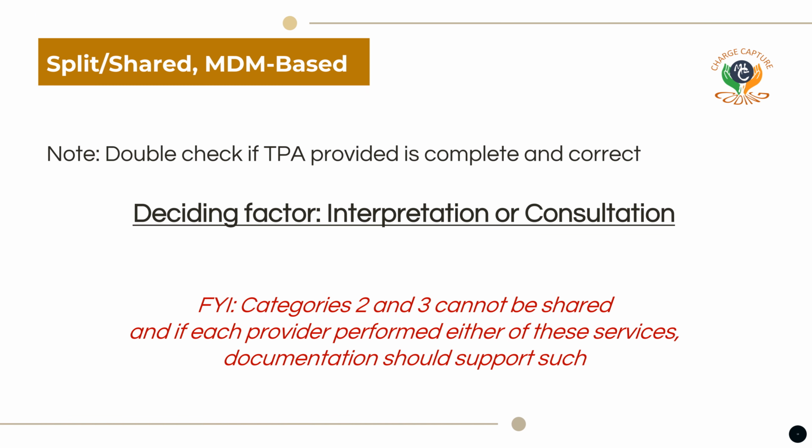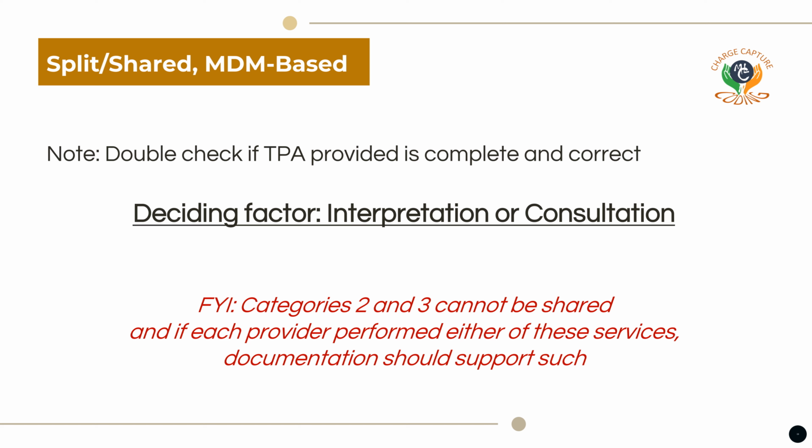Again, let us make sure that we double check if the TPA provided by the attending physician is complete and correct before we proceed. Because if it is not complete or not correct, we query the provider to make sure. But if it is, we then move on to the MDM. Our deciding factor again is either interpretation or the consult. So whoever documented them gets the billing credit.